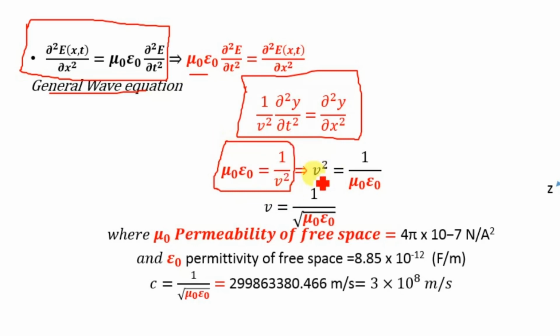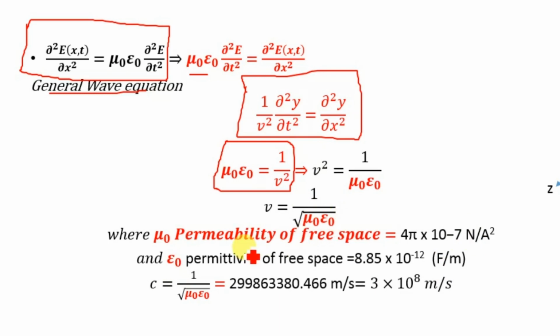Now solving this equation for v, we will get v is equal to 1 over square root of mu naught epsilon naught, where mu naught is the permeability of free space and its value is 4 pi multiplied by 10 power minus 7 N per A squared. N is Newton and A is ampere.